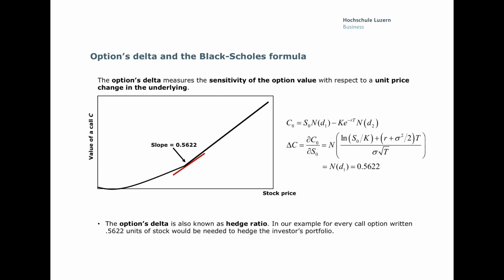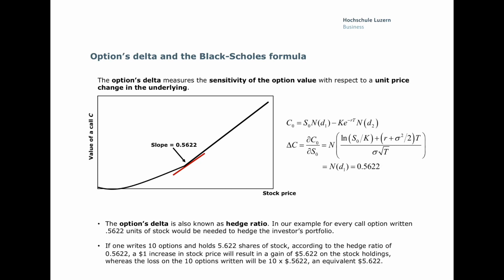It is also important to note that the option's delta is also known as hedge ratio. In order to hedge the investor's portfolio, for every call option written, 0.5622 units of stock would be needed. For instance, if an investor writes 10 call options and holds 5.622 shares of stock, according to the hedge ratio of 0.5622, a $1 increase in the stock price will result in a gain of $5.622 on the stock holdings.